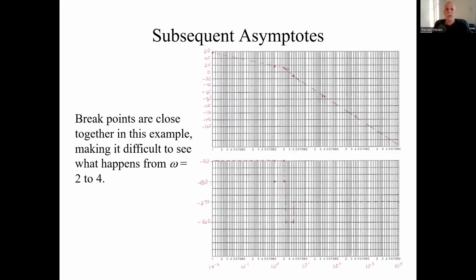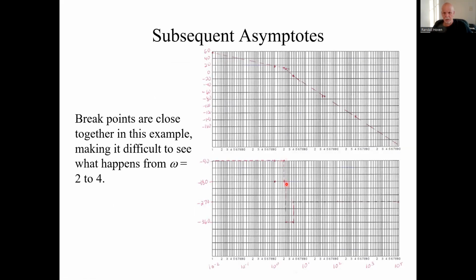So what do we look like there? So there was our initial asymptote. We go through a few, but we know by this point we're just going down 60 dB per decade. You can check that out if you look at this at your leisure. I think I had a mistake here. This point shouldn't be here. It's a flat line at minus 90 degrees up until we hit that first breakpoint.